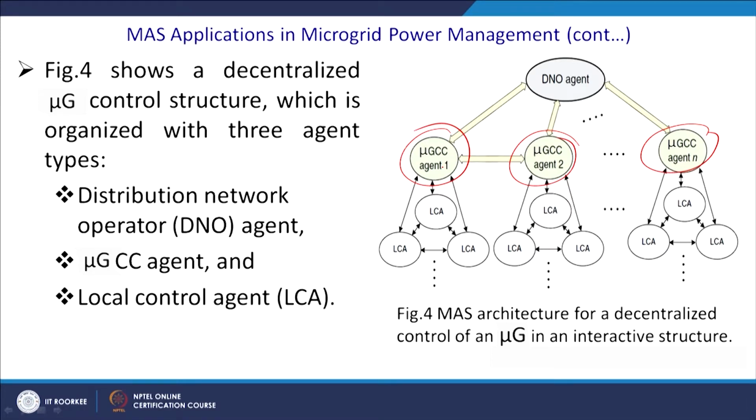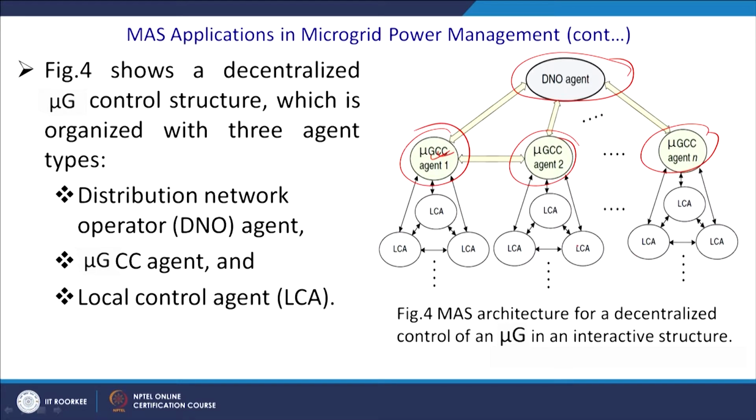And if there is an energy surplus in this microgrid, of course, it can transfer energy and it can talk with the other peers, and overall there is a DNO, that is called the distribution network operator agent. This is the ultimate stakeholder of all these small microgrids, and this will monitor and maybe dictate the terms sometimes.